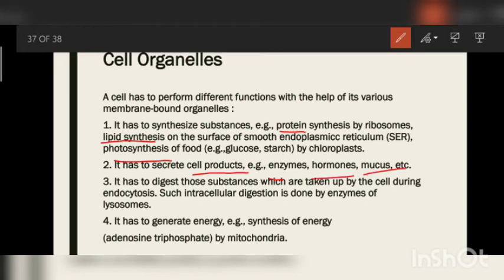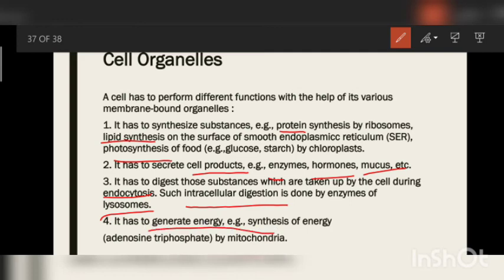They help in intracellular digestion by the enzymes of lysosomes. Lysosomes help in the endocytosis process. The enzymes are manufactured by lysosomes, so they help to digest, and it's very important.